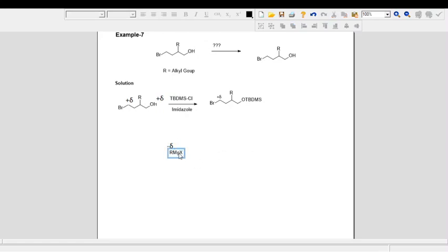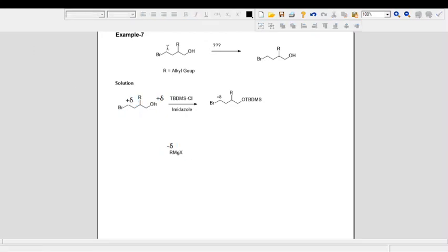So this electron rich alkyl group has totally different characteristics as compared to the electron deficient alkyl halide. So Grignard reagents have totally different behavior towards chemical reactions as compared to the alkyl halides.